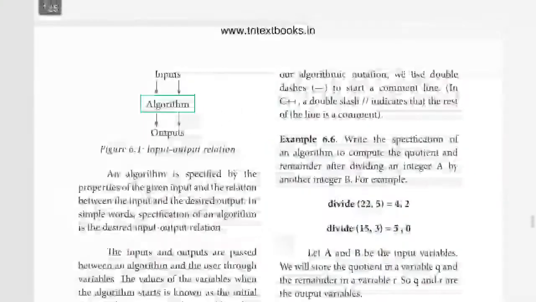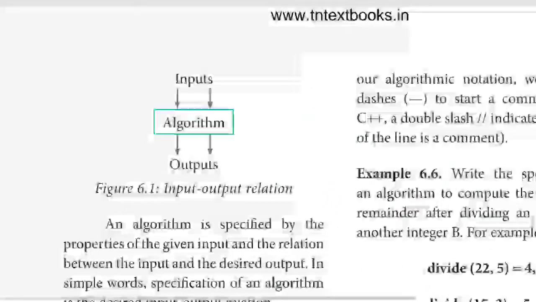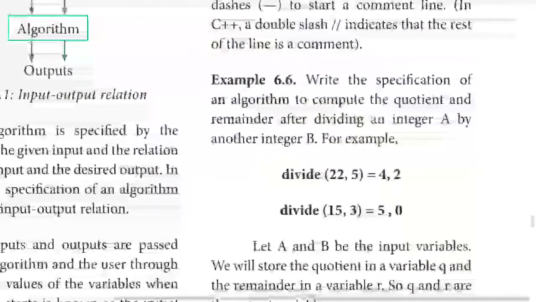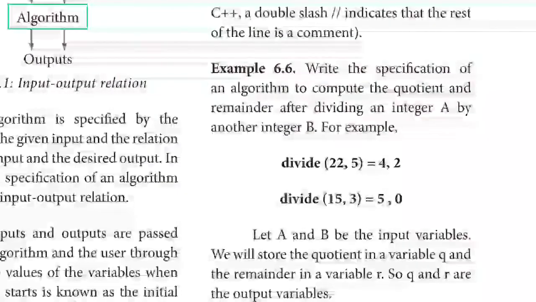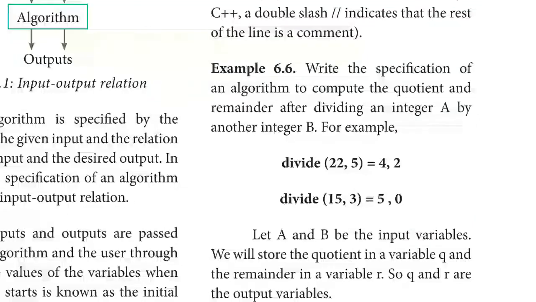So here you can see that the algorithm is given data as an input, and output is derived from it. Here they have given an example: divide 22 comma 5, which is equal to 4 comma 2.